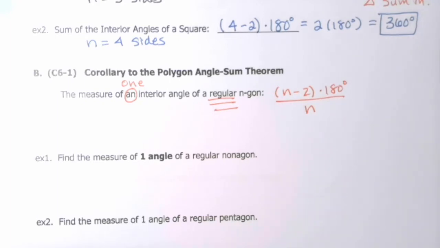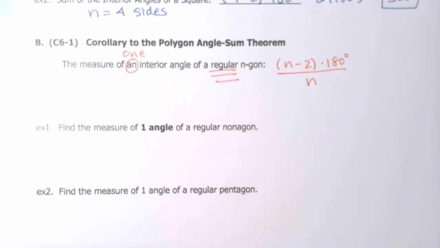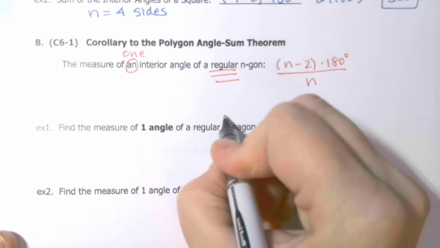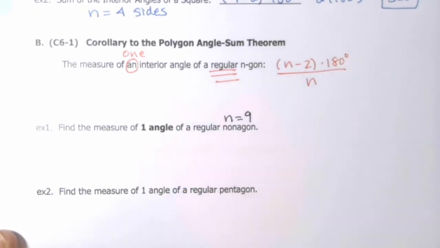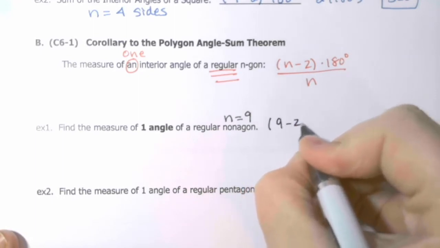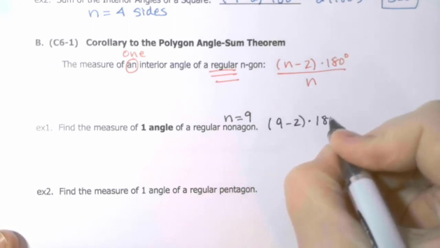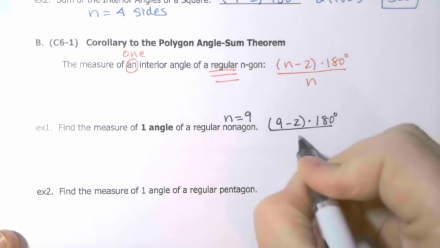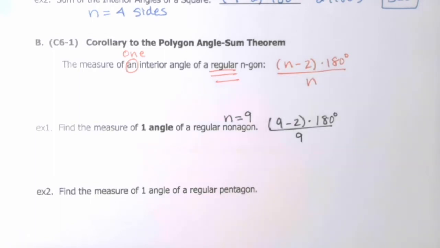All right, let's practice this. Find the measure of one angle of a regular nonagon. A nonagon has 9 sides, so n equals 9. We're looking for one angle. So here we go. N minus 2, so 9 minus 2 times 180 degrees divided by 9.